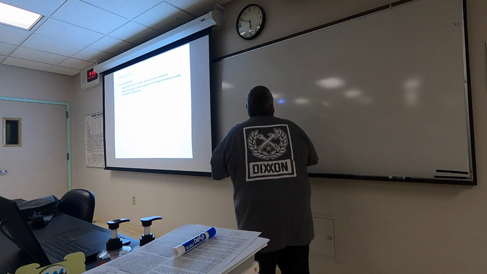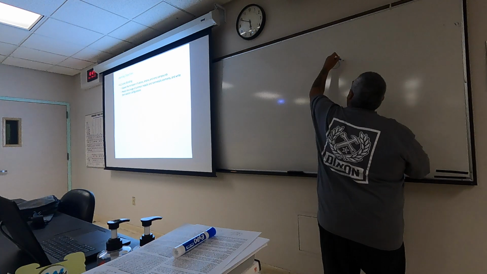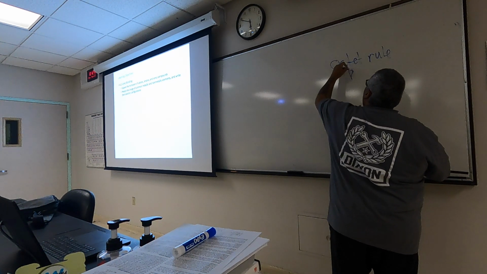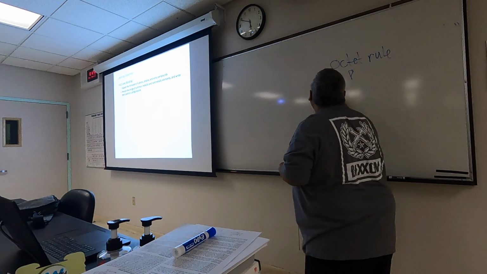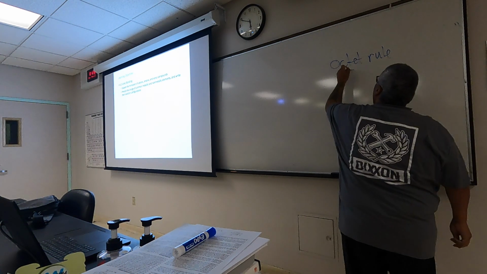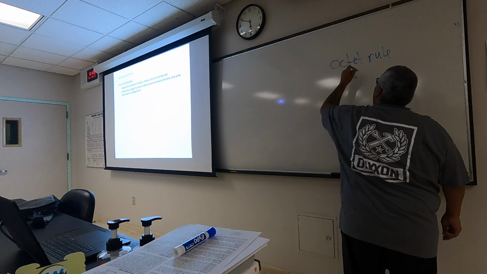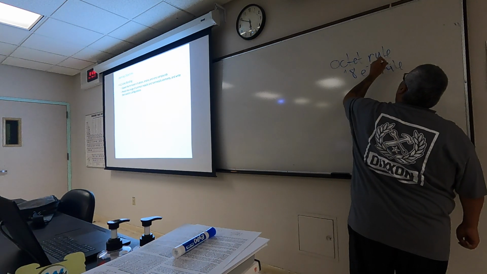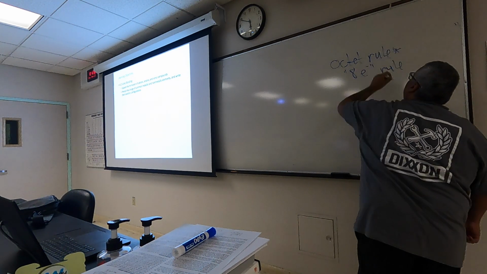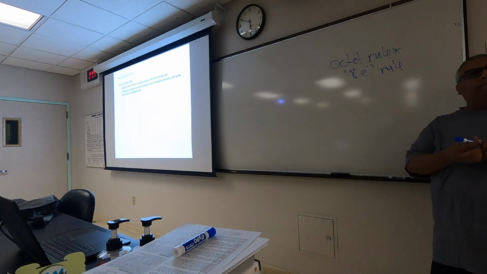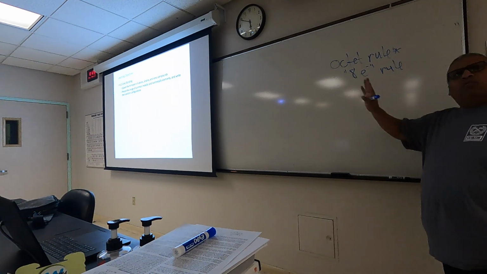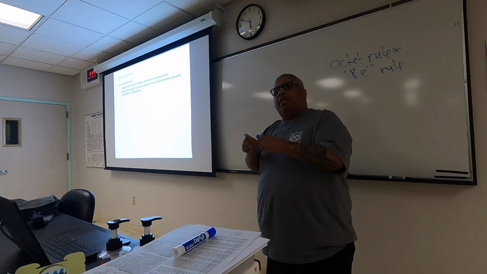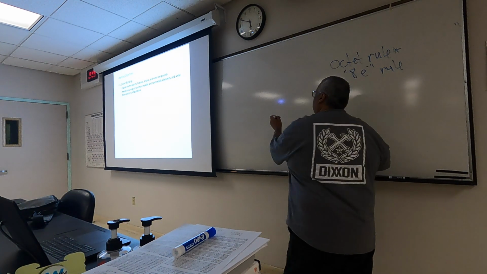Now, we'll review this again, but there is something we call the octet rule. The octet rule is generally like the 8-electron rule, that most elements and their atoms want to have 8 electrons in what we call their valence shell.